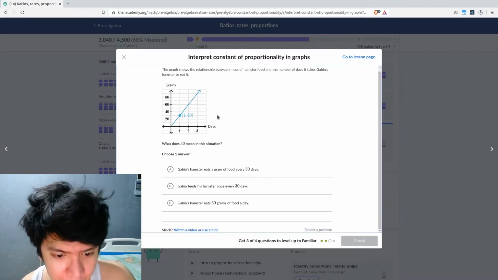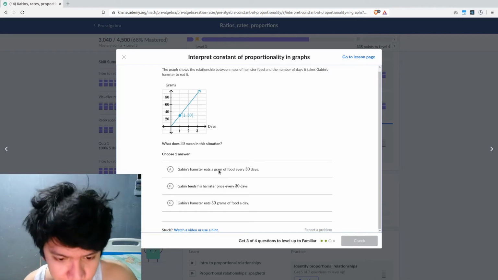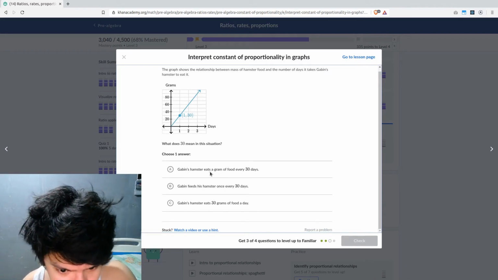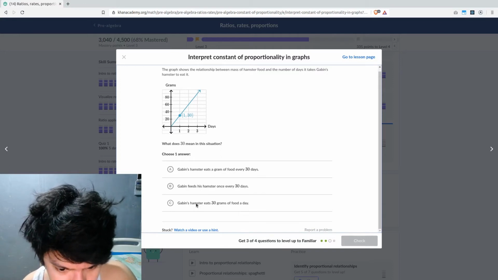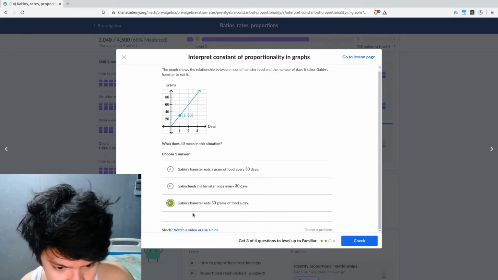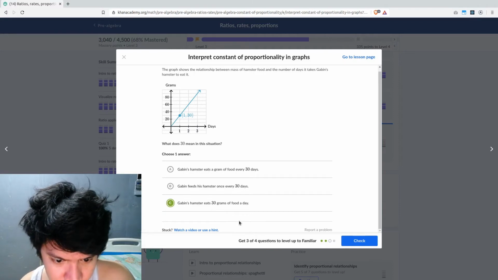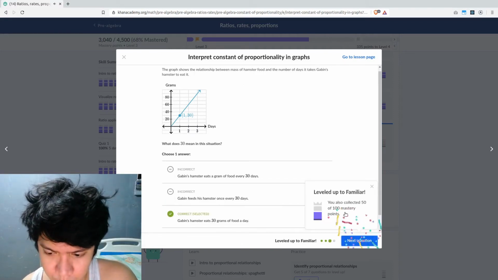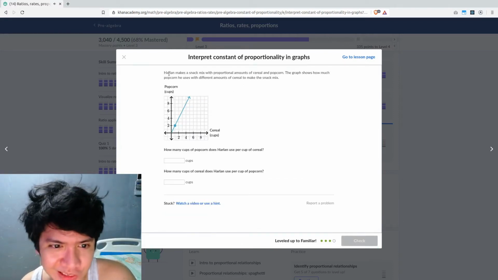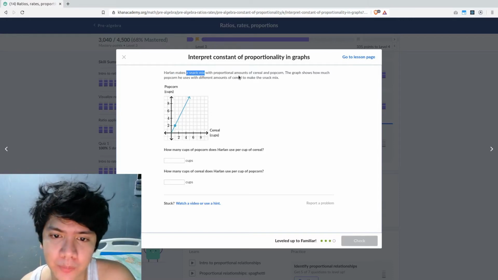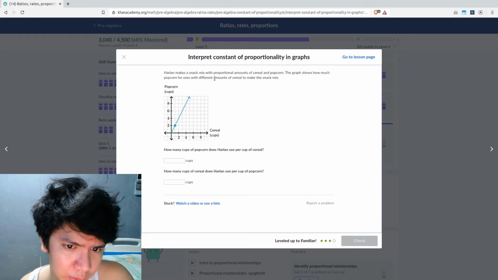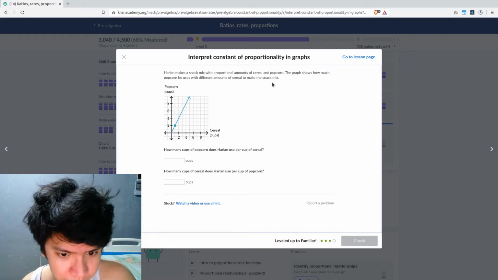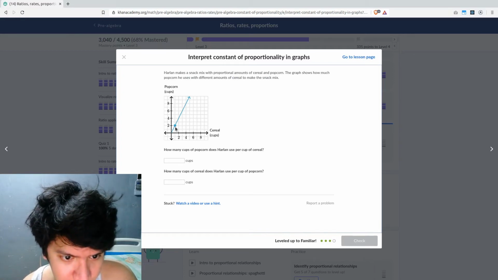That is the mass of the hamster food. Once every 30 days. How does Solomon make a snack mixed with proportional amounts of cereal and popcorn? Okay, so for every 1 we have 2.